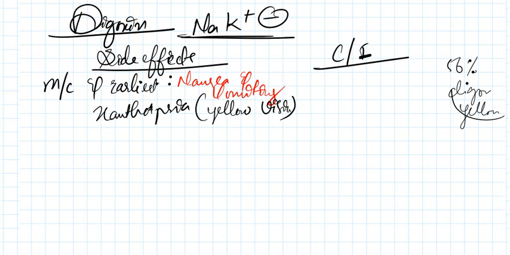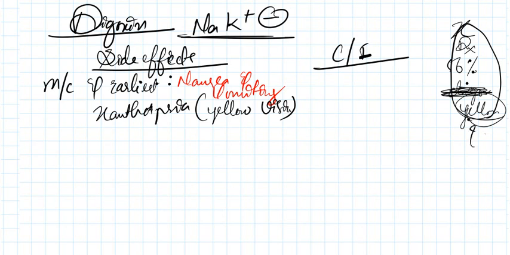They may not indicate digoxin to you. They will just give you the condition and say that some drug is given and that patient after some period of time is complaining of yellow vision. What is the drug given? So obviously it is digoxin which causes xanthopsia. Remember this, it's very, very important.